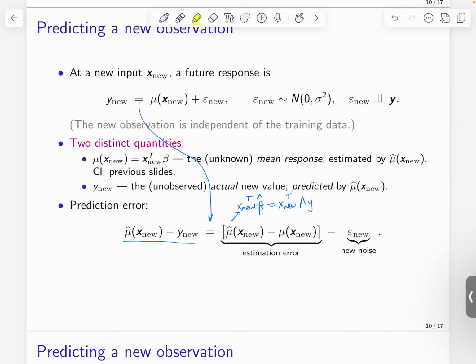In fact, because of unbiasedness of mu hat for mu, you can show that this whole thing is a linear function of the noise epsilon. This you do in the homework problem.